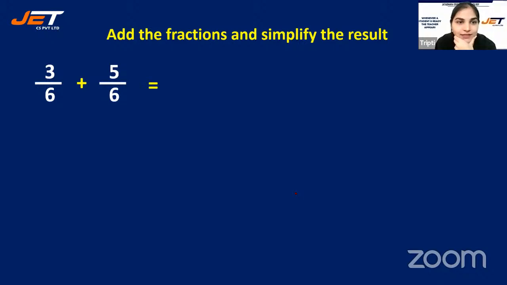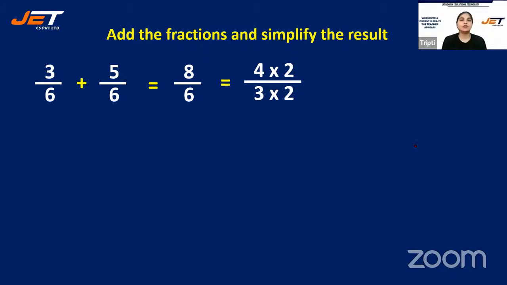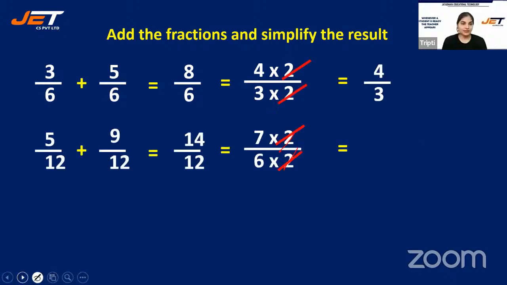3 by 6 plus 5 by 6. So that is 8 by 6. Now, if I talk about 8 by 6, I can write 8 as 4 times 2. 3 by 10 plus 9 by 10.